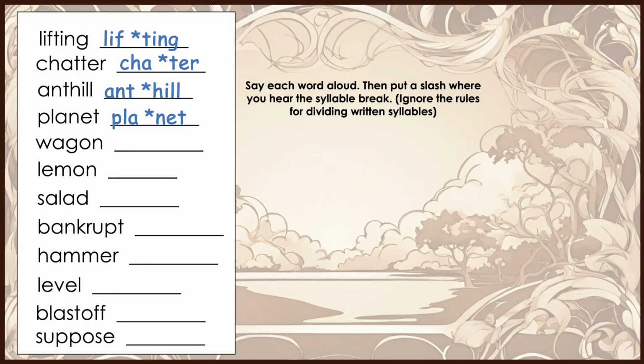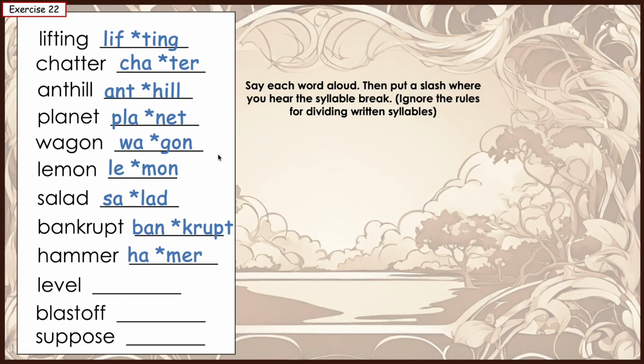And what we use saying the word aloud for is mostly just to find the number of syllables. So try a few more. Wagon, lemon, salad. You see it occurs quite a bit. Bankrupt, hammer, level, blast off, suppose. So that would cause a lot of havoc for a student if we were trying to divide the syllable or code the syllable based on what our mouth does there.